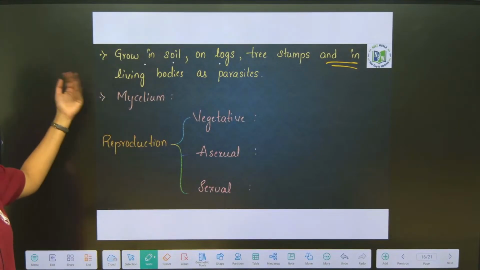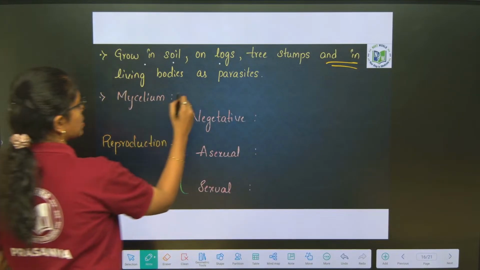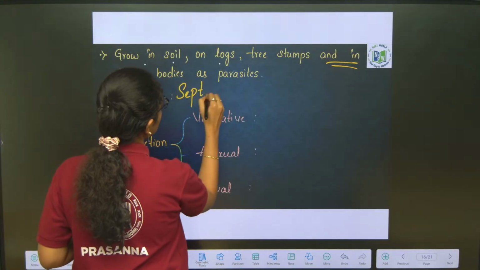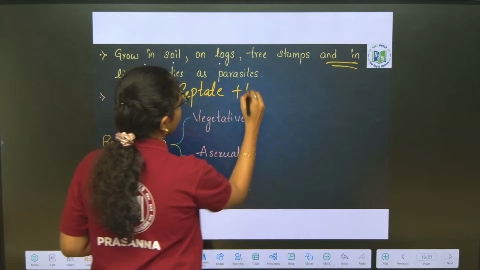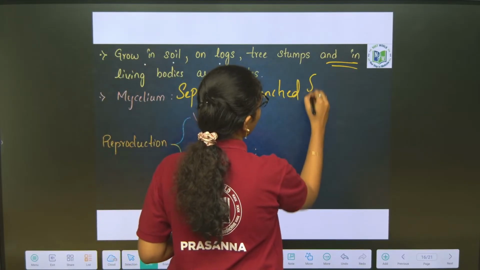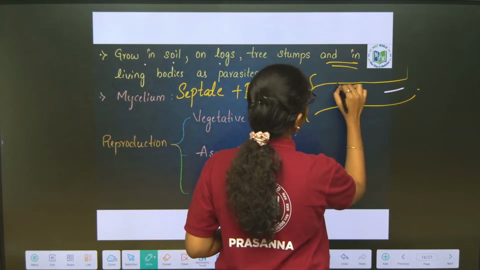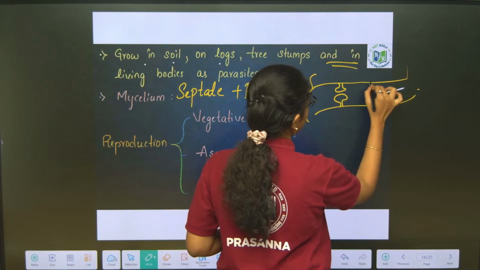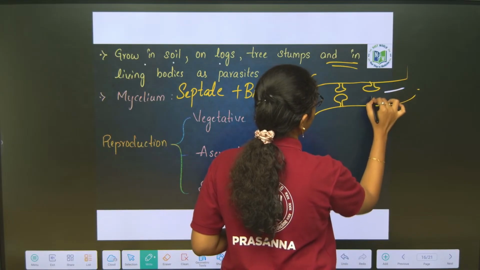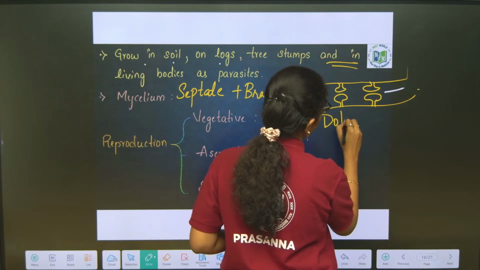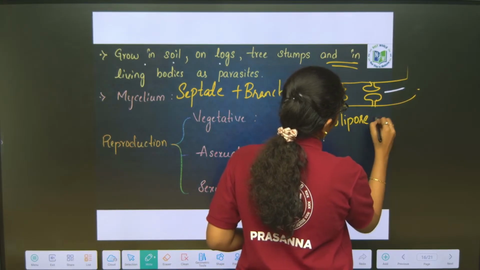So, this is about habitat. Mycelium is septate and branched. And what type of septa do they show? They show barrel type of septa like this. This barrel type of septa is called dolipore septa.